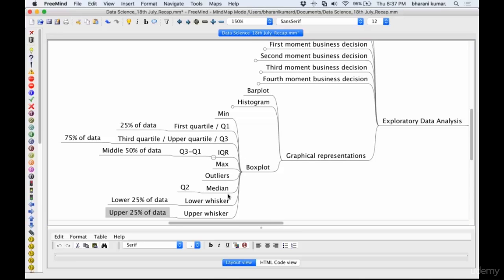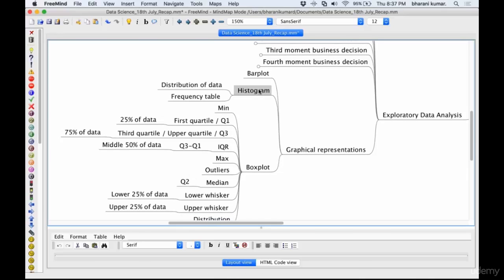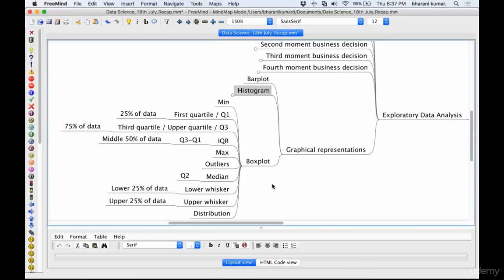So 100% of data can be represented using box plot, and box plot will also help you identify the distribution of the data. It is not just histogram, but box plot also will help you identify the distribution of the data, on whether the representation is skewed or do you have any kurtosis, and so on and so forth.